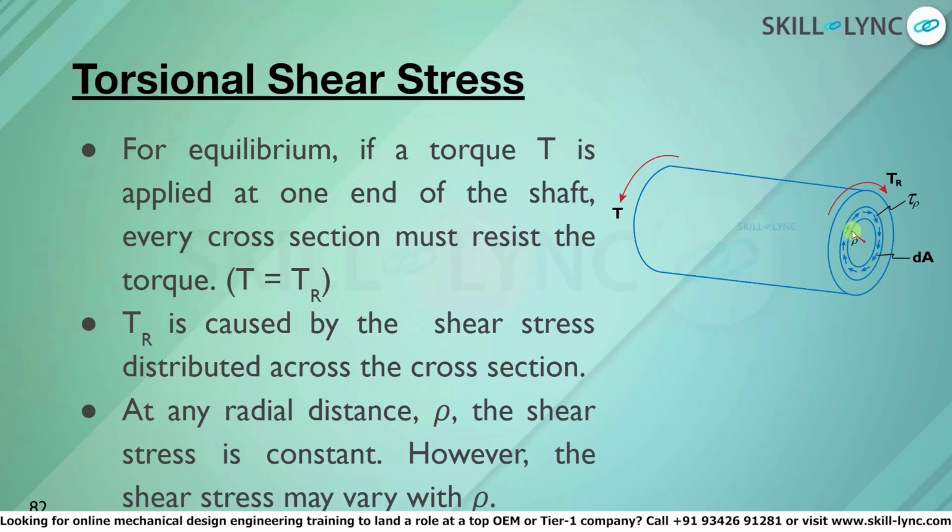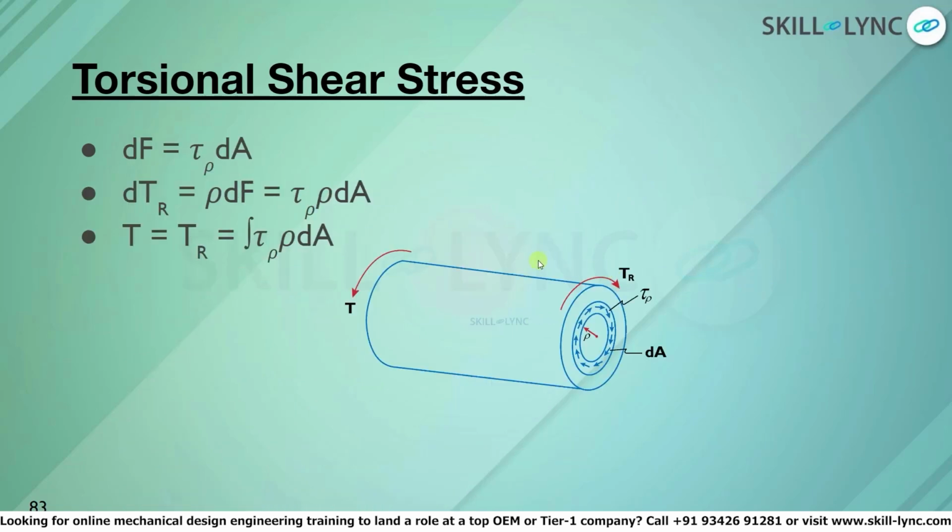Now, if we take the diagram on the right side, at any radial distance rho, the shear stress is constant. However, as the value of rho increases or decreases, the value of shear stress also increases and decreases, so it's basically proportional to the value of rho.